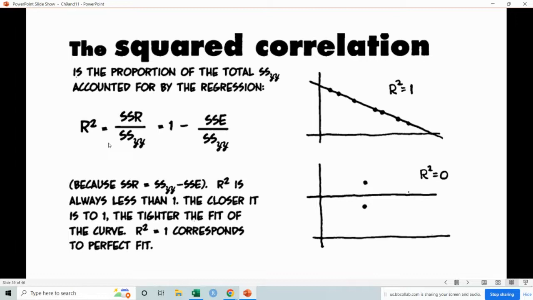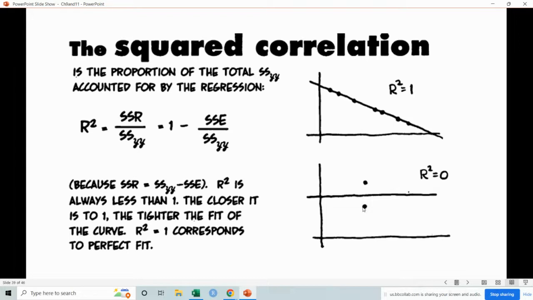The proportion of the total sum of squares accounted for by the regression is equal to 1 minus the sum of squared error divided by the total sum of squares. And that gives us our r squared value. An r squared of 1 would mean all the dots are on the line. An r squared of 0 means we'd have a horizontal line and it's very poor, nothing correlates to it.